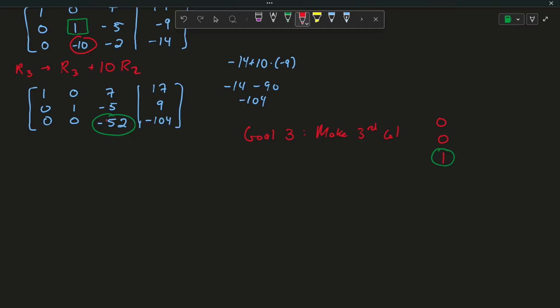If you tried to do this minus something times row 1 to cancel that out, well, you've got a 1 here, that's going to mess this up. Don't do that. What you want to do instead is just take your row 3 and divide it by that constant, and that's always going to give you a 1 here. So we're just going to take row 3, and we're going to replace that with negative 1 over 52 times row 3. So division, I like to multiply by reciprocals, don't tell anybody.